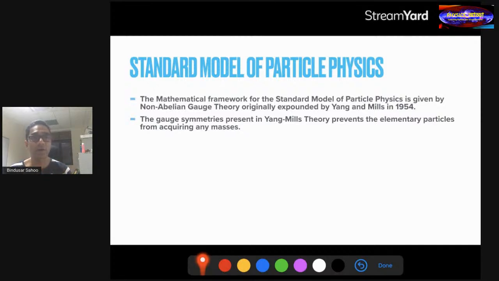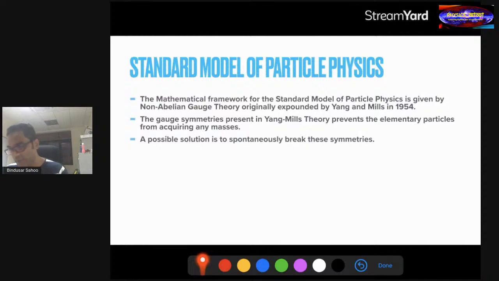But experimentally, they are all observed to have masses. The framework of non-abelian gauge theory is able to explain a lot of other features of the interaction, but it is not able to give you the masses of the particles. So to overcome this technical shortfall, a possible solution is to spontaneously break these symmetries.